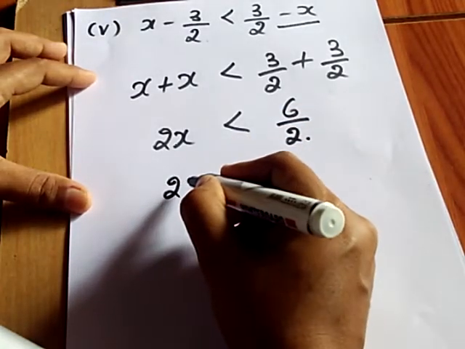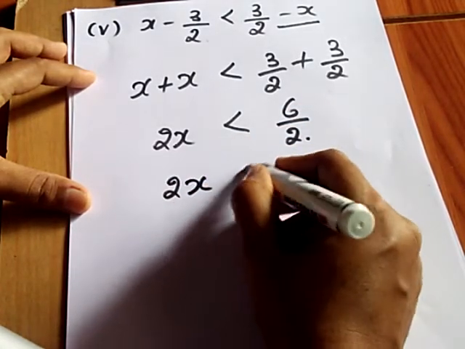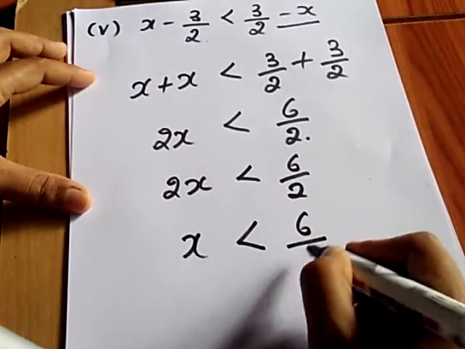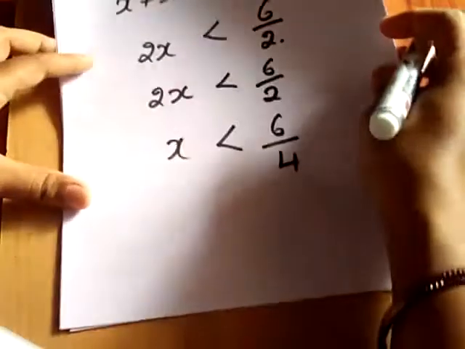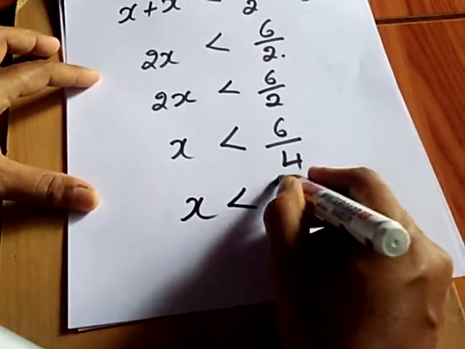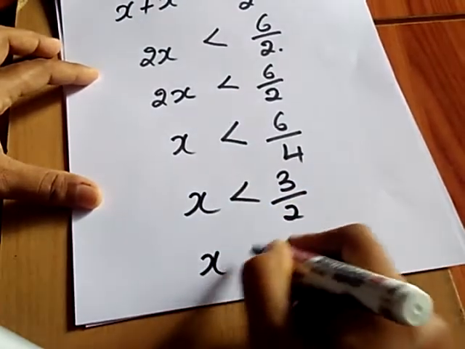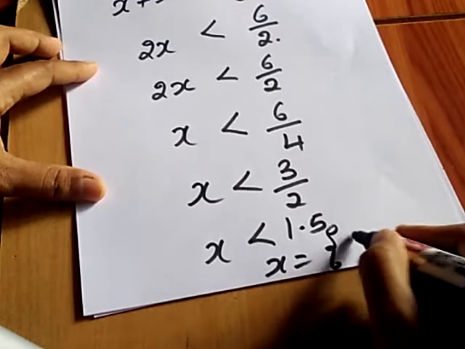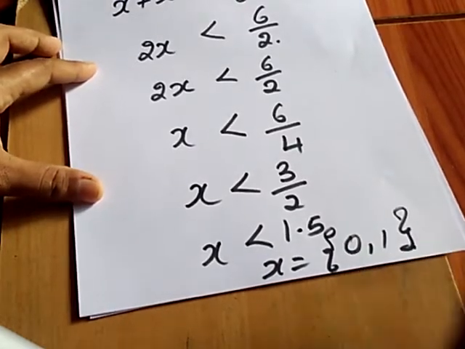That is 2x is less than 6 by 2, x is less than 6 by 4. So 6 by 4, x is less than 3 by 2, x is less than 1.5. Hence the solution set is 0 and 1.